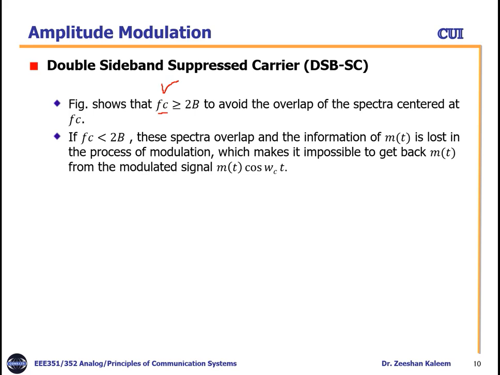So the carrier frequency should be greater than or equal to two times the bandwidth of the signal. Otherwise, there will be overlap and the information will be lost. If it is less, for example here, then the information which you would like to modulate, m(t), is lost in the process of modulation. So you can't get back the exact copy of the message signal which you modulated at the transmitter side.